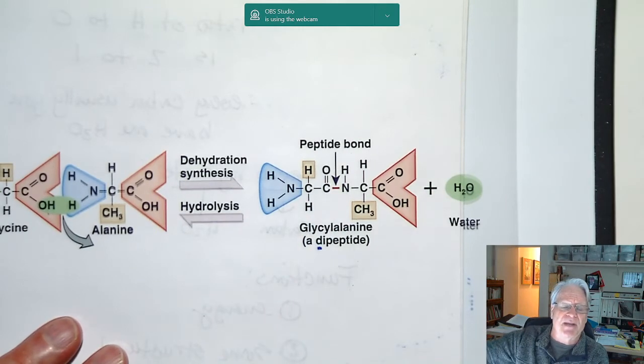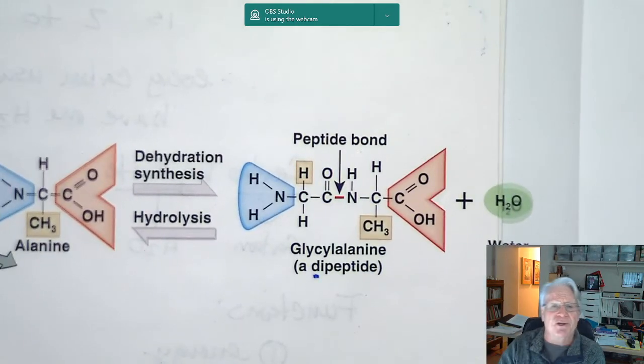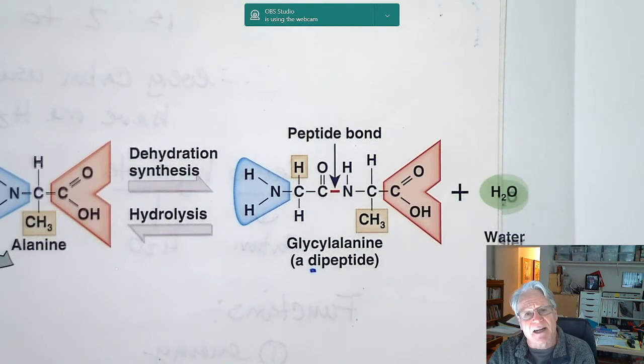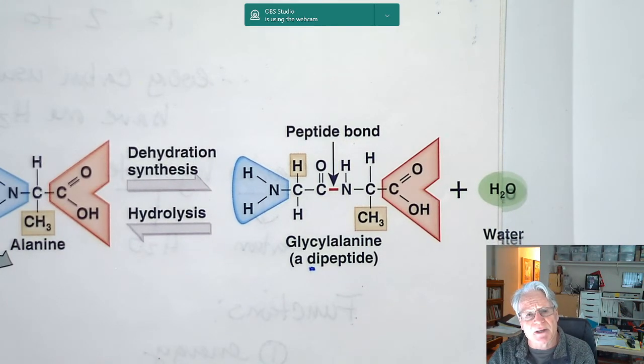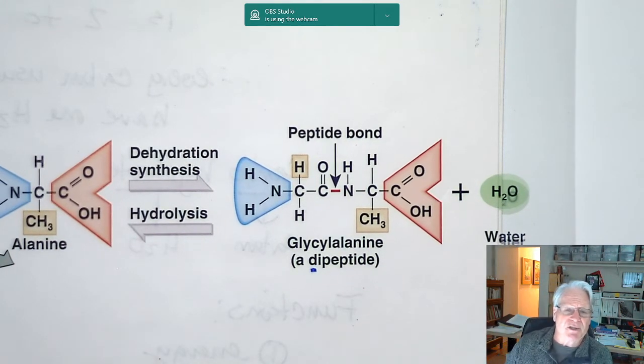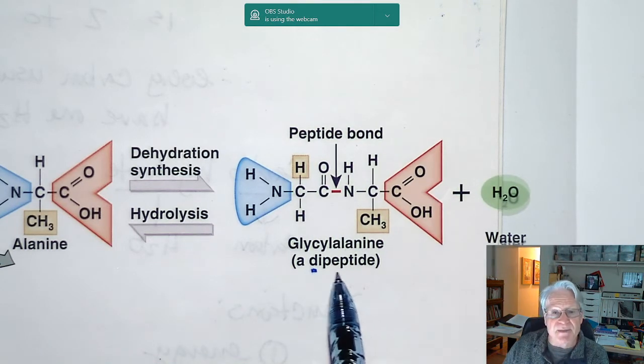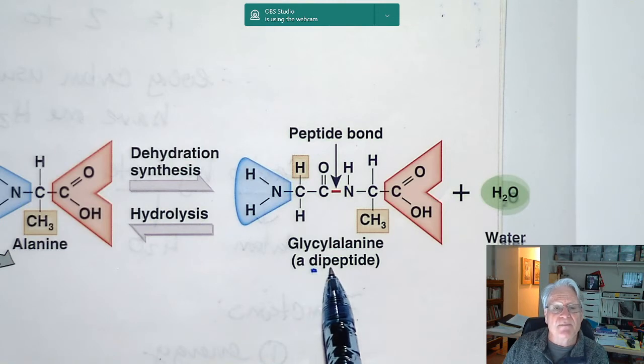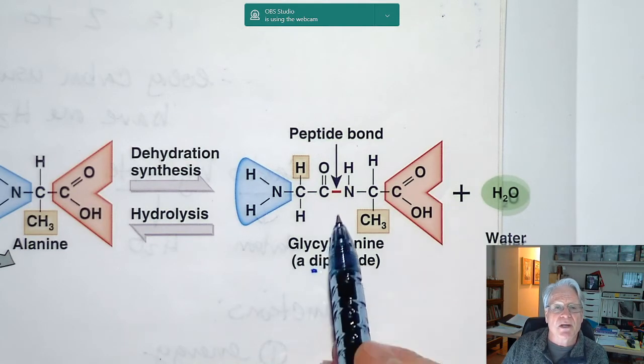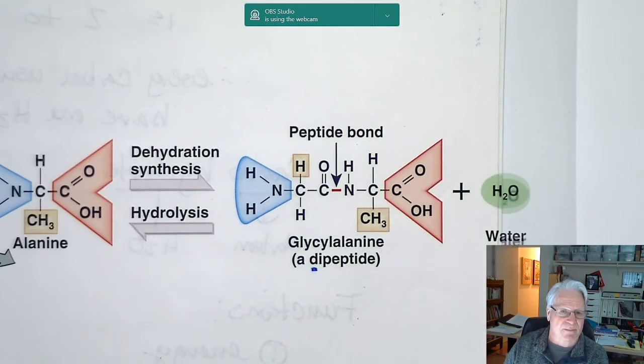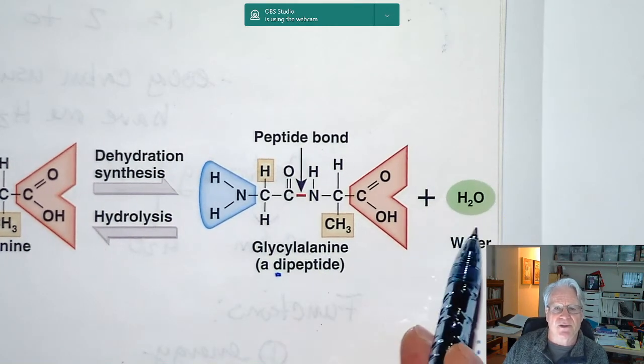That's called a peptide bond, which is why the term peptide is so common in the nomenclature to describe different kinds of chains. So there's my dipeptide. Di meaning 2, peptide. 2 of these peptide bonds, basically, is what they're saying. And of course, there's my water.